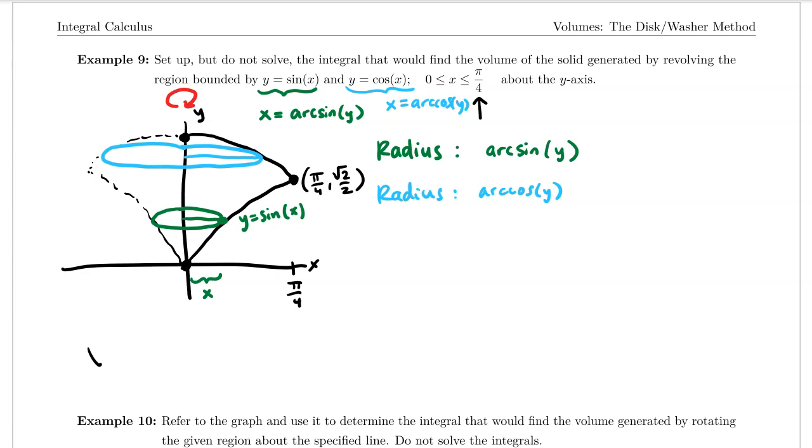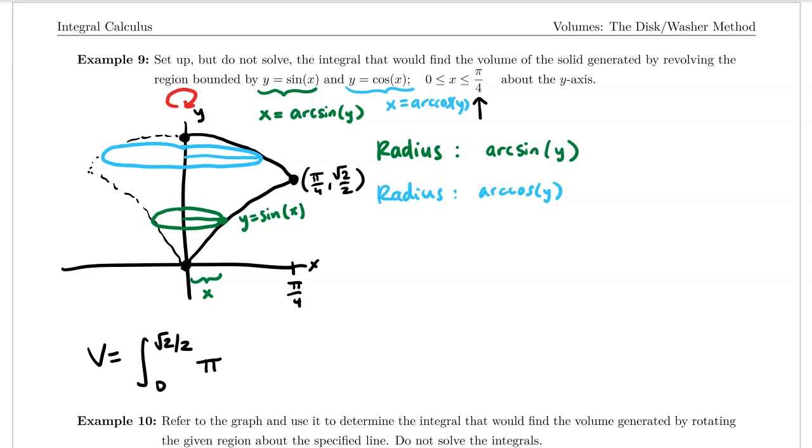So finally, our volume is equal to, if we stacked the green disks, then those would go from 0 to root 2 over 2. And then remember that the area of a disk is pi times the radius squared.